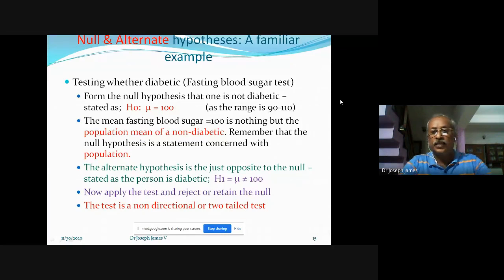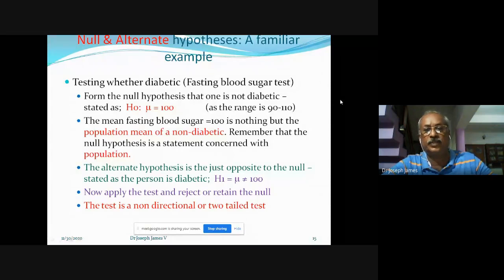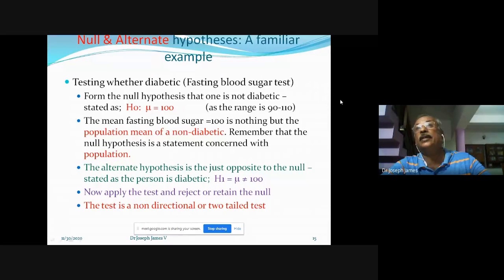And then we apply a test to say whether to reject or retain the null hypothesis, not accepting the null hypothesis. We retain or reject the null hypothesis based on the test, and such a test is a non-directional or two-tailed test.